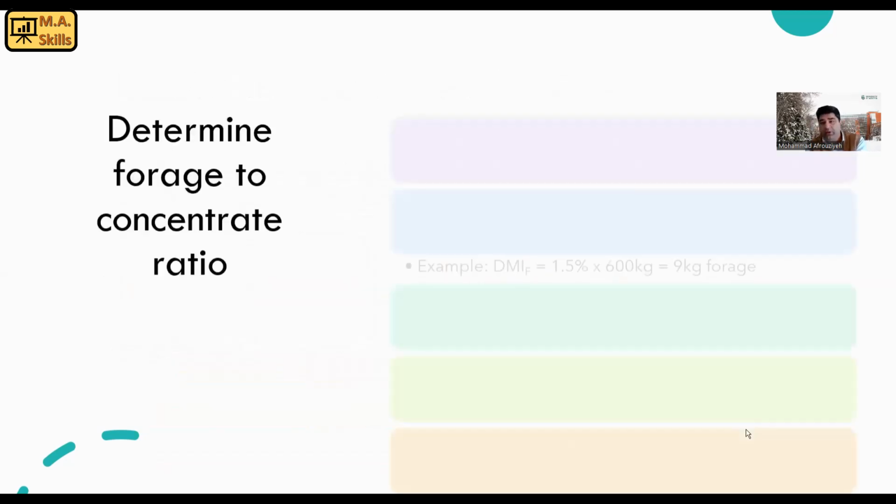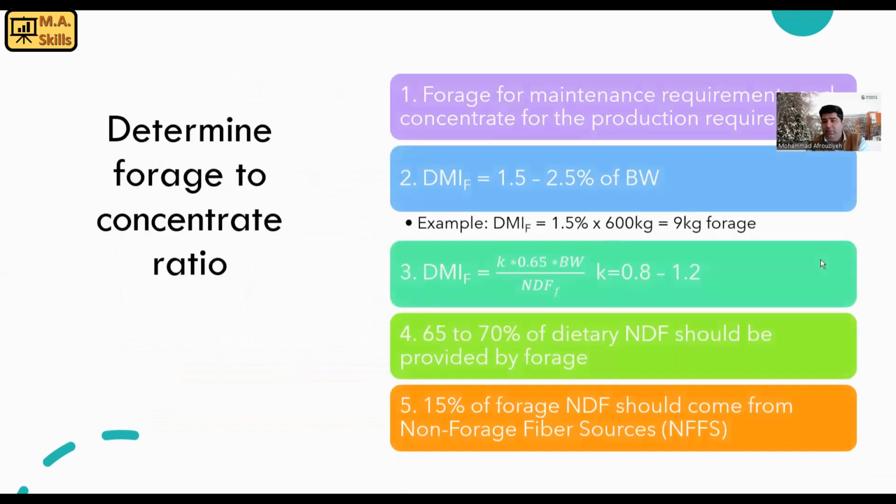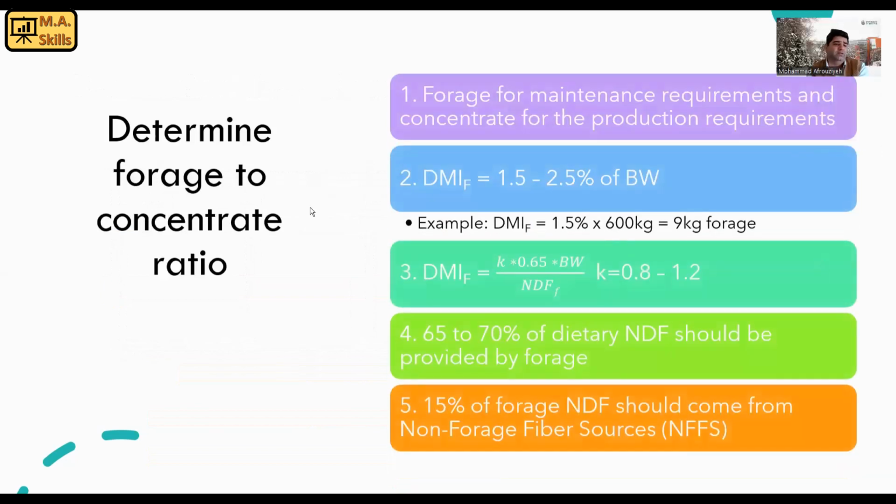So in this step, we really need to determine the forage to concentrate ratio. We need to understand from that 19 kilo dry matter intake, how much forage we need to include and how much concentrate we need to include in the diet.